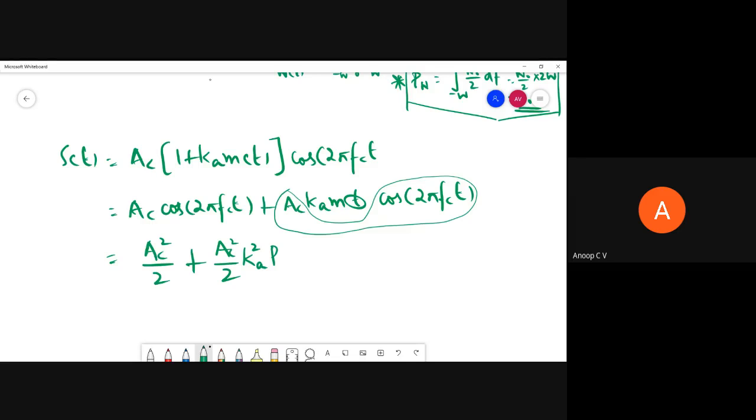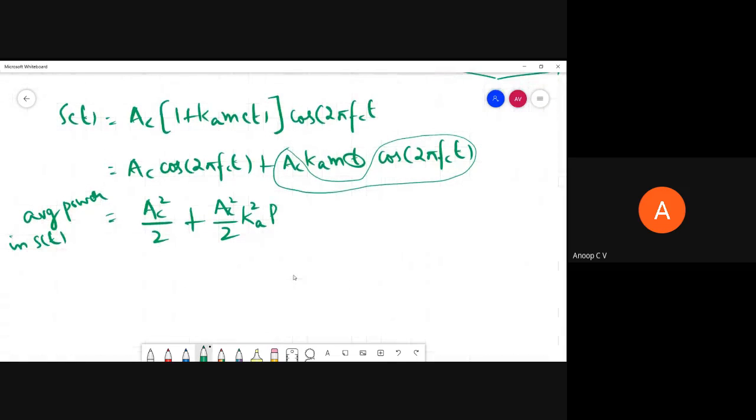So the average power in S of t, which is the numerator of channel SNR, is equal to AC square by 2 plus AC square by 2 Ka square P. So we can write it as AC square into 1 plus Ka square P, all divided by 2, right?